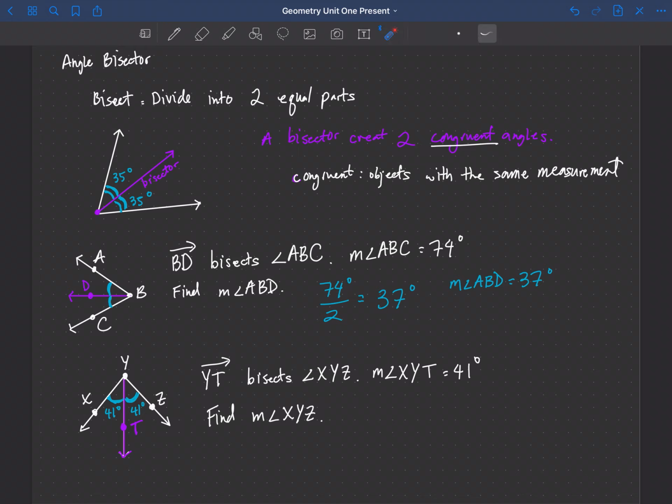Okay. Looking at our final answer, we want to find the measurement of XYZ. XYZ is the entire angle. So in order to do that, we can add them together, 41 plus 41, or you can just do 41 times 2. Whichever way you want to do, you'll get the same answer.